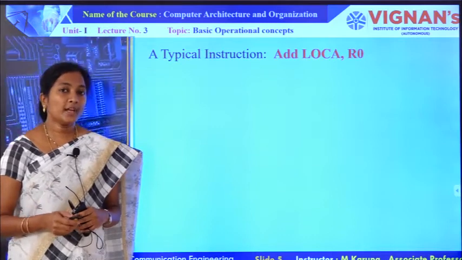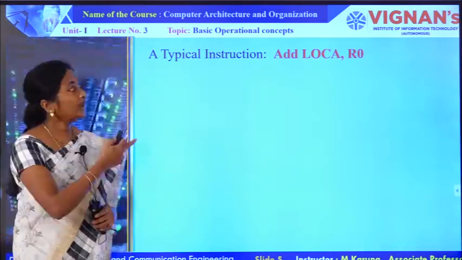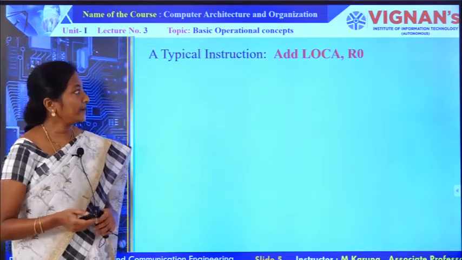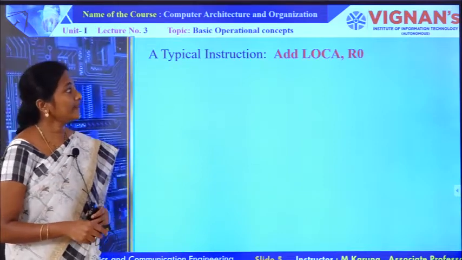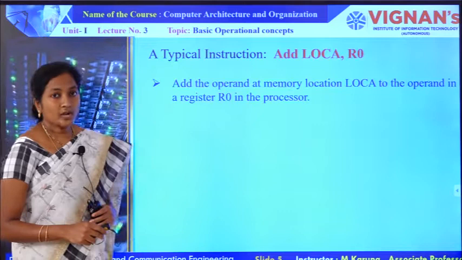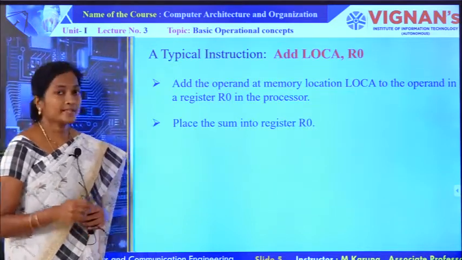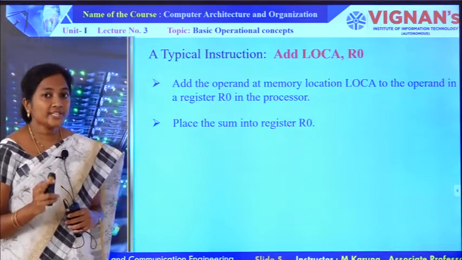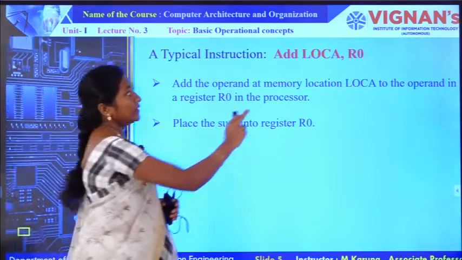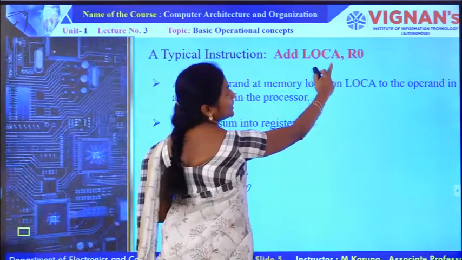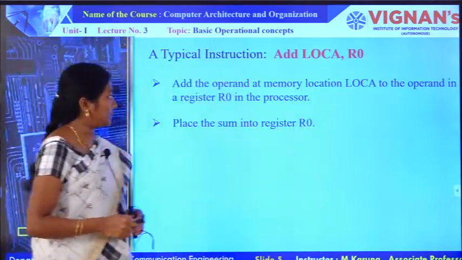Here the memory location is accessed with the label LOCA. The data is present in R0 and LOCA. Add is the instruction, so the processor needs to perform an addition operation between the data in LOCA and R0.